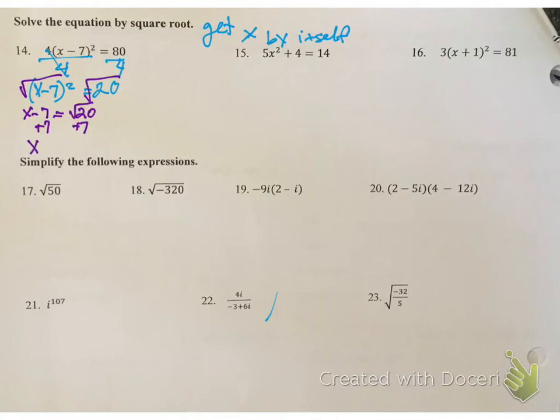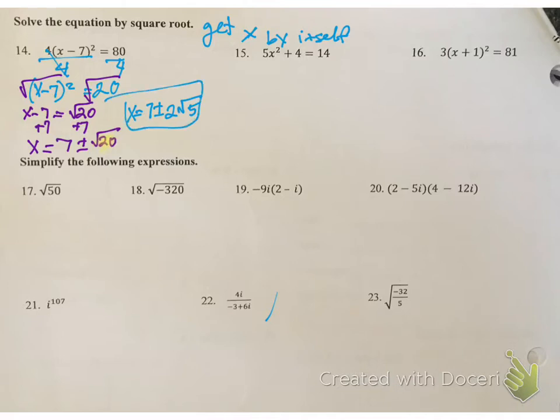So x equals a positive 7 plus or minus the square root of 20. However, the square root of 20 is not simplified, so I need to simplify it. Think about the factors of 20. I can pull out a 4 and a 5. So this becomes 7 plus or minus 2 root 5. That is my final answer.